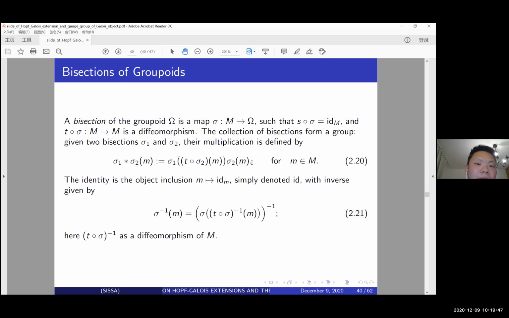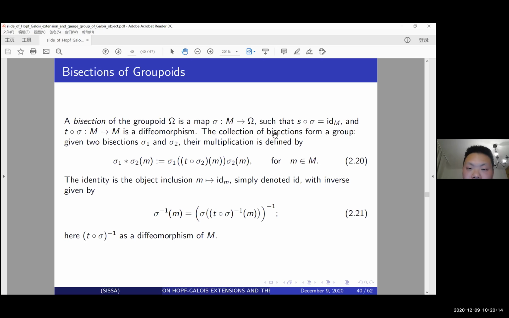So now I will give an introduction of bisection on the Ehresmann-Schauenburg diagonal point. But first, let's again recall some concepts of the classical case. The bisection of the classical group point is a map sigma from M to omega, such that the composition of sigma with S equals identity, and the composition of sigma and T is a diffeomorphism on the object space.